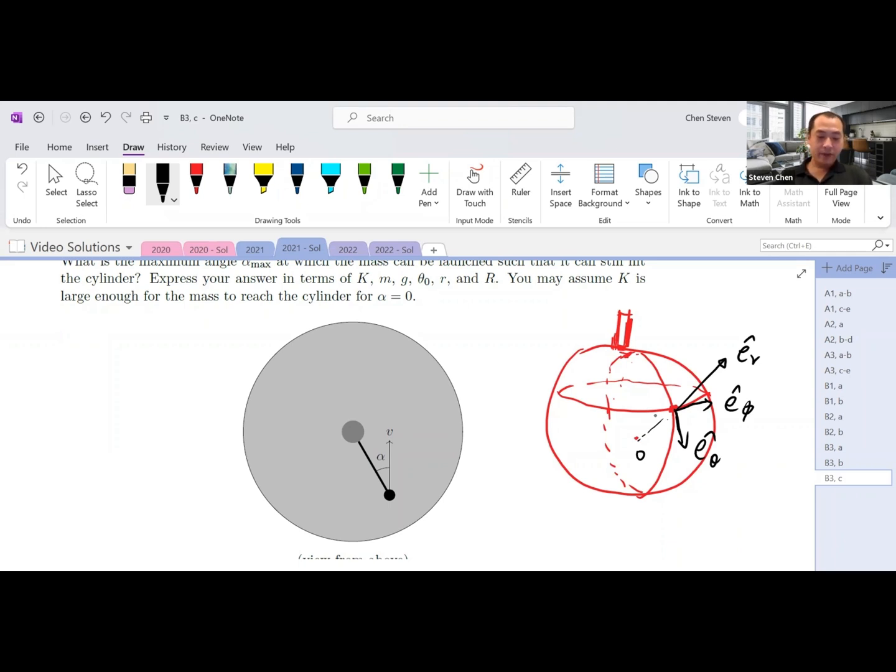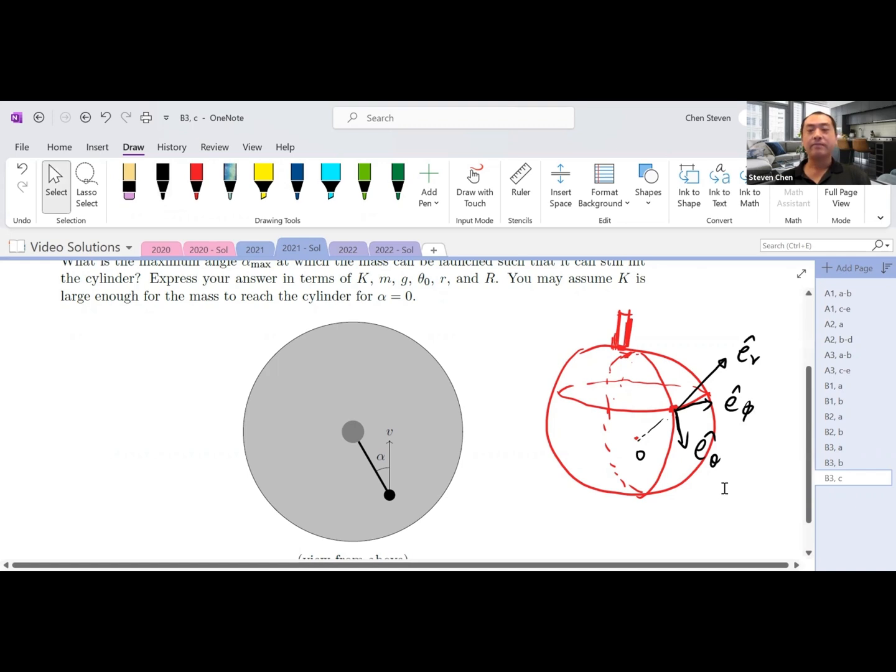So when we say V has this angle, suppose alpha is 0, then V is on the same line as E theta, but in the negative direction, okay? So V in vector form can be written as negative V times the E theta unit vector. That is for alpha equal to 0. And if alpha is equal to 90 degrees, what does it mean? It means it's totally perpendicular to the unit vector E theta.